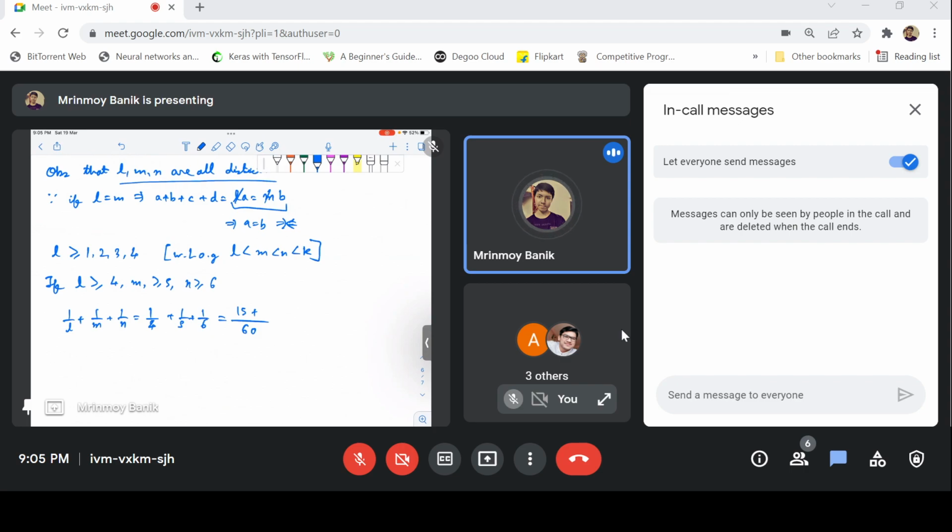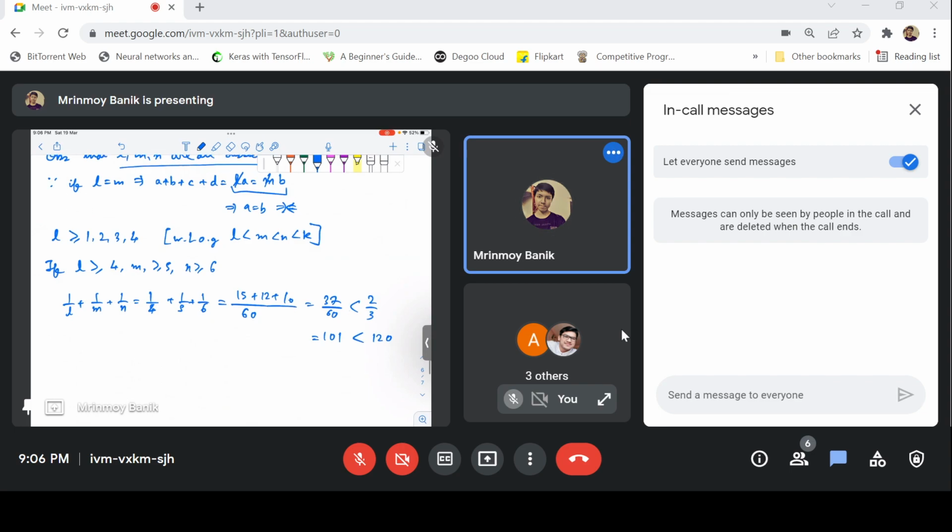So 15 plus 12 plus 10, 37. So if we compare 2 by 3 with this, we get 37 by 60 against 40 by 60. So clearly 2 by 3 is larger.